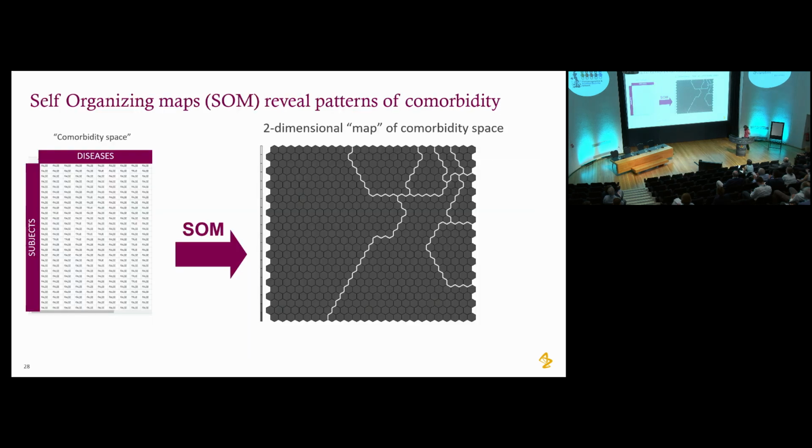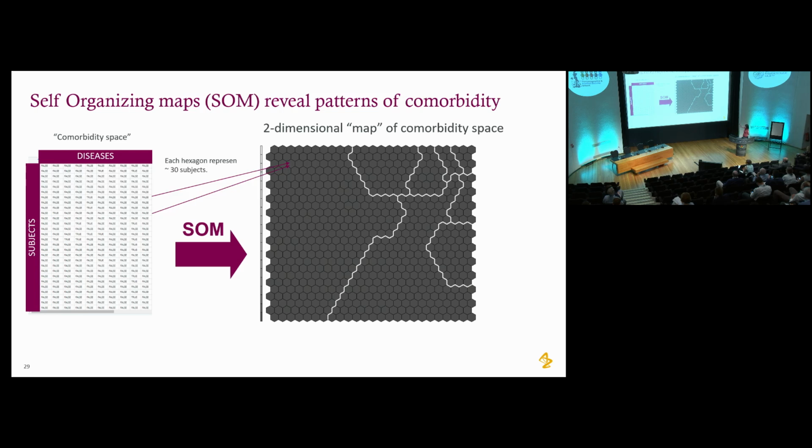But to cluster now the patients using the comorbidity data, we'll first generate a comorbidity space by indicating for every patient whether they have a particular disease or not. So on the left, the rows represent the different patients, and the columns represent the different diseases, where a Boolean will indicate whether a patient has the indication or not. And this was then converted into a 2-dimensional map of comorbidity by self-organizing maps.